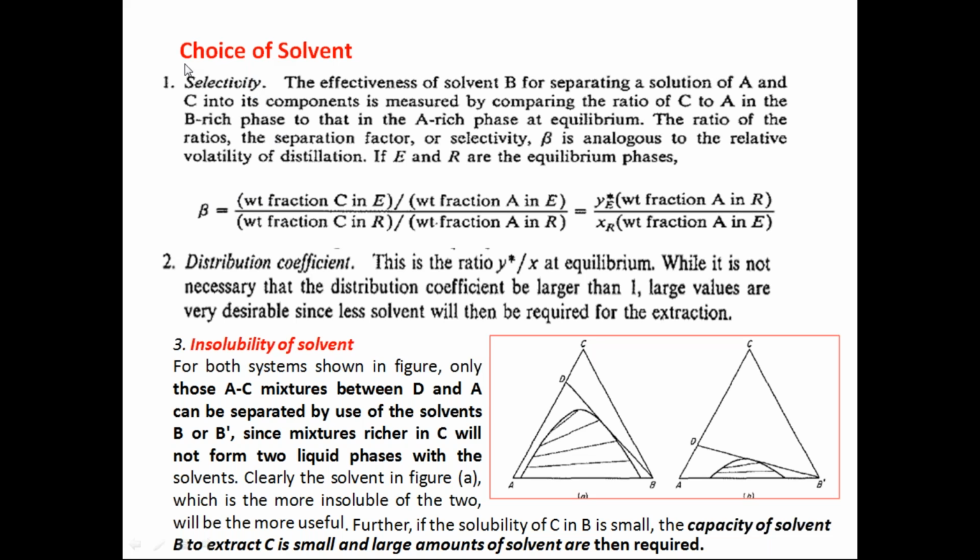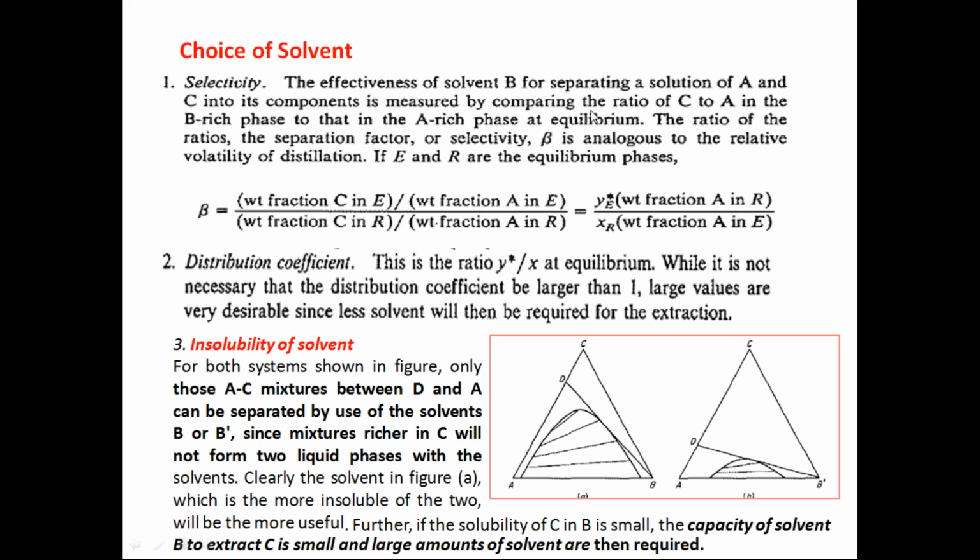In the criteria, the first parameter one should estimate is selectivity. So what is the selectivity? The effectiveness of the solvent B for separating a solution of A and C into its components is measured by comparing the ratio of C to A in the B-rich phase to that in the A-rich phase at equilibrium.